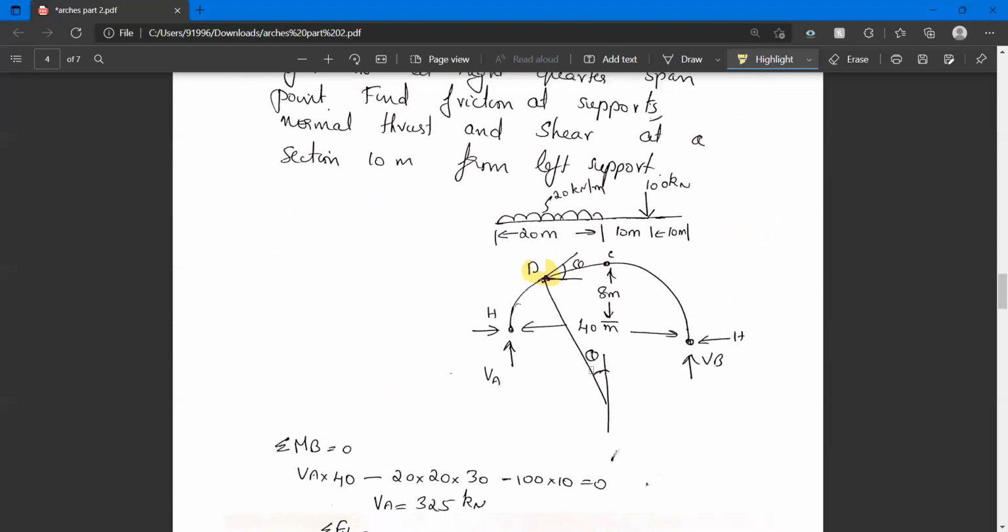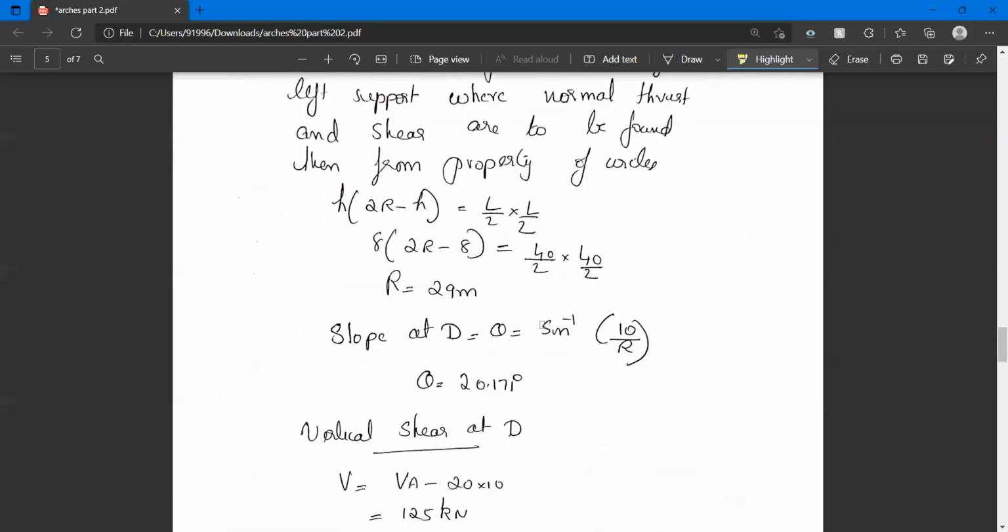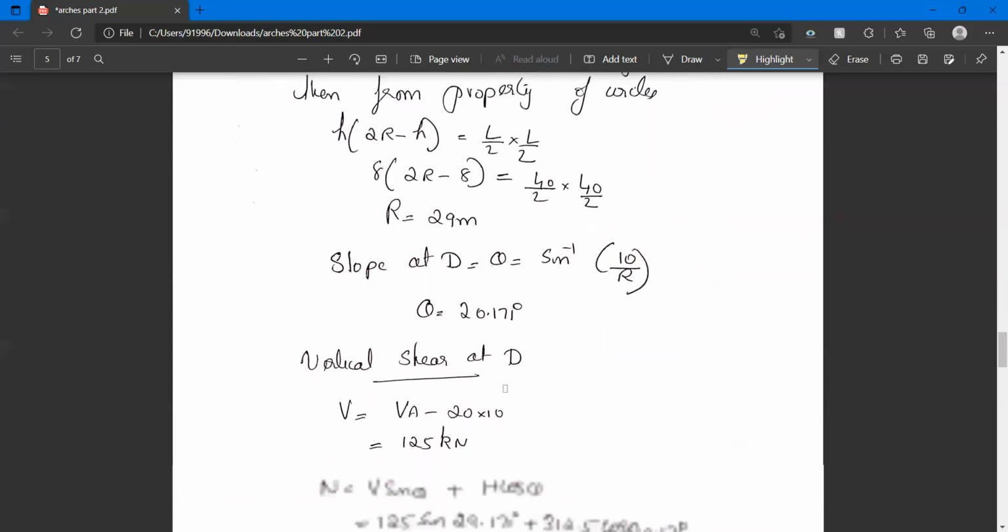Sine theta is equal to opposite side by hypotenuse. The opposite side of theta is the distance from the left point to D, which is 10 meters. So sine theta is equal to 10 by R. That means theta equal to sine inverse 10 by R. You know the value of R, so you can find theta.